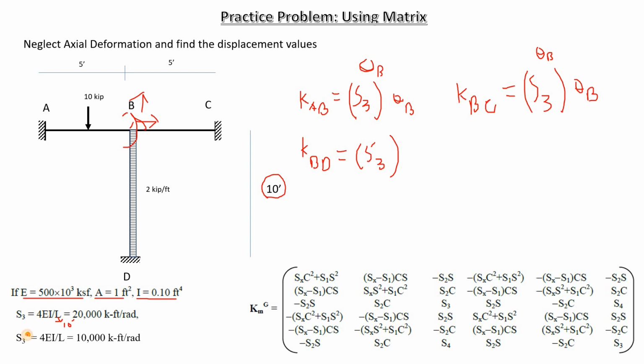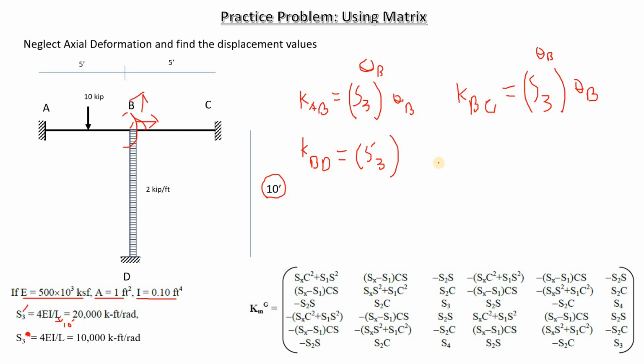Let's say this isn't S3 prime, this is just S3, and this is S3 prime. So for S3 prime, the length is 10 feet, and we're going to get 20,000. And for the regular S3 of AB and BC, we're going to get 4EI by L, where L becomes 5 feet, which results in 10,000 feet per radian in stiffness for S3. So this is what we have.